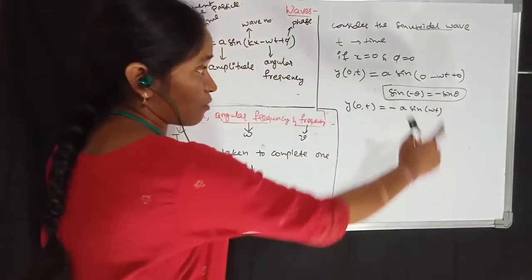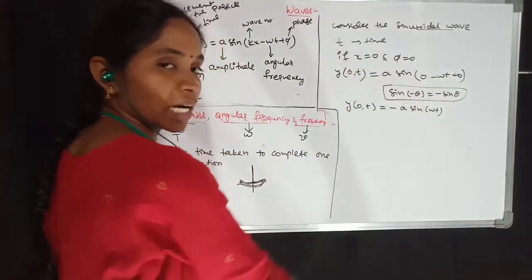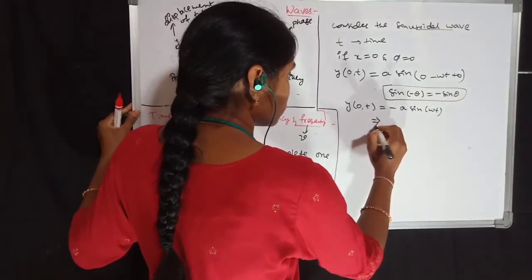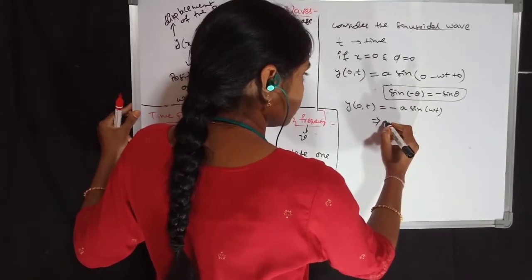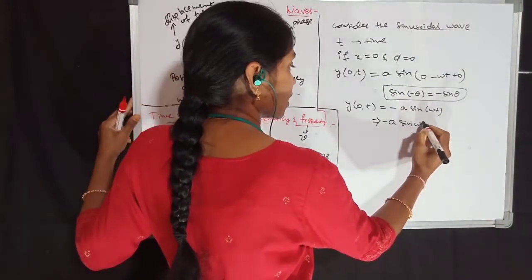Here I have the minus sign, I just bring it out, and we are left with omega t. What I am doing here is considering this equation, minus a sine of omega t.